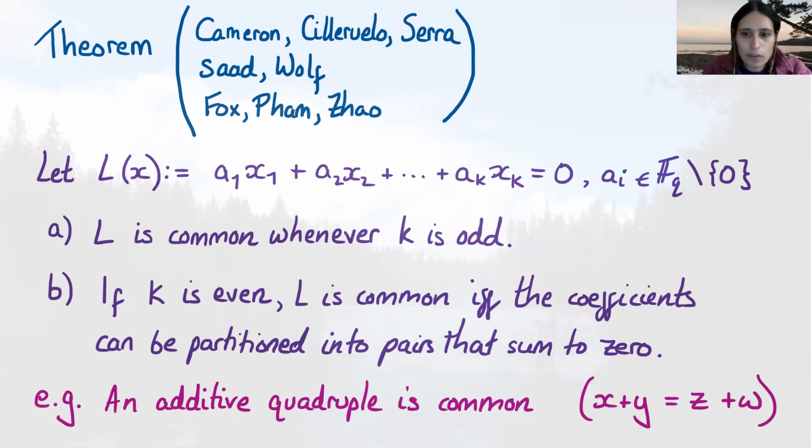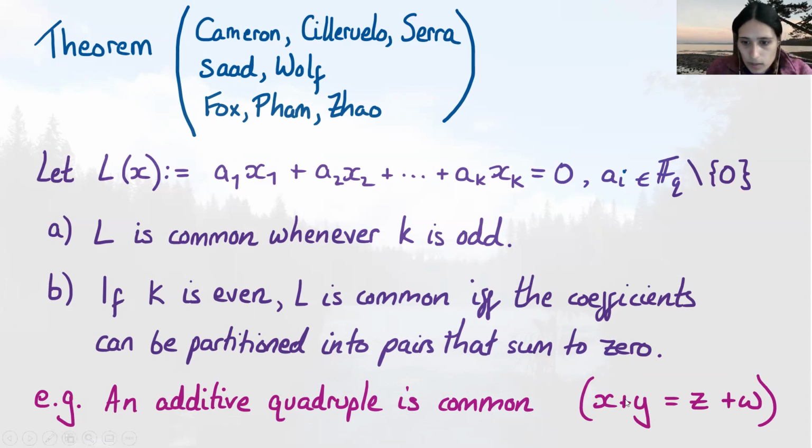So if we've got this equation here, Lx is a1x1 plus a2x2 plus so on, we know that firstly, it's common whenever k is odd. And then the second part of the theorem concerns when k is even. It says that if k is even, then it's common if and only if the coefficients can be partitioned into pairs that sum to 0.